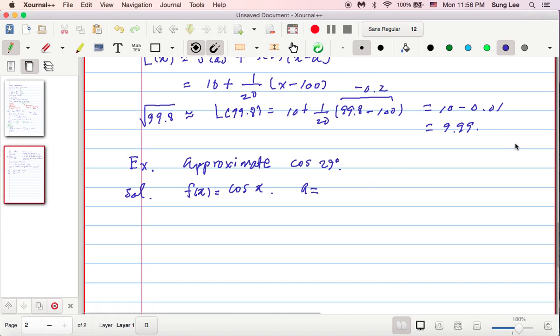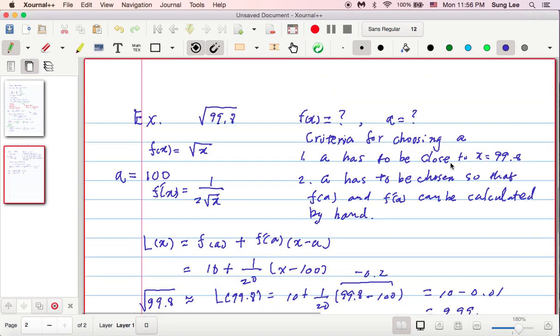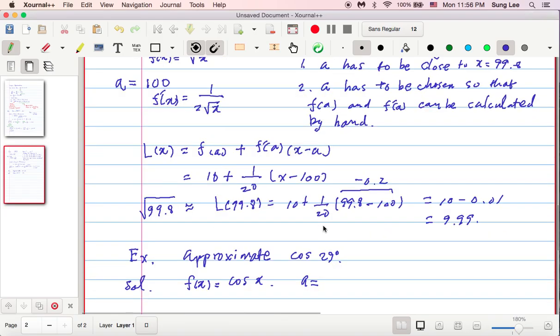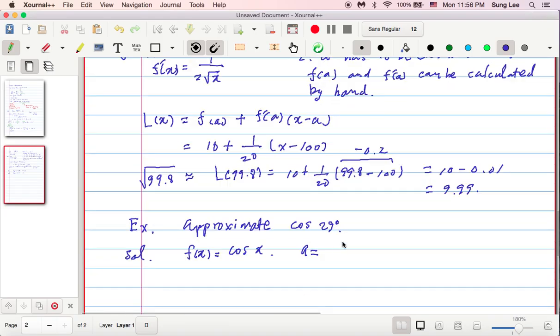Let's go back to the criteria I wrote for choosing the right a. a has to be close to the x value, and a has to be chosen so that f of a and f prime of a can be calculated by hand. Those are the two criteria you have to keep in mind when figuring out the value of a.